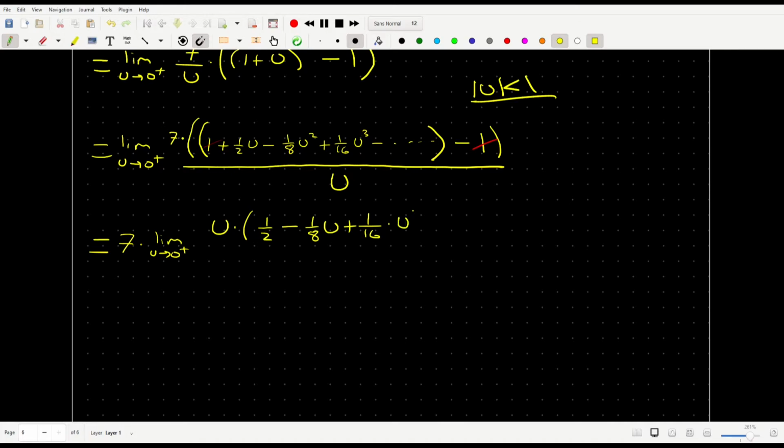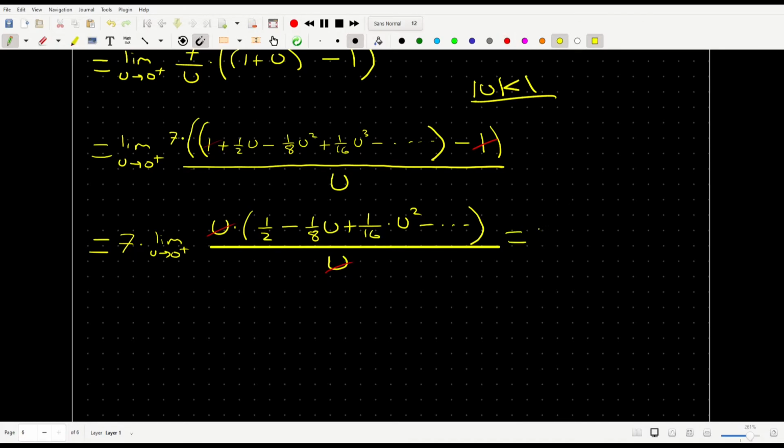This becomes u squared, and so on and so forth, infinitely many times. And this is going to be divided by u still. You get a nice cancellation, and we have an infinite series that we can directly evaluate the limit of.